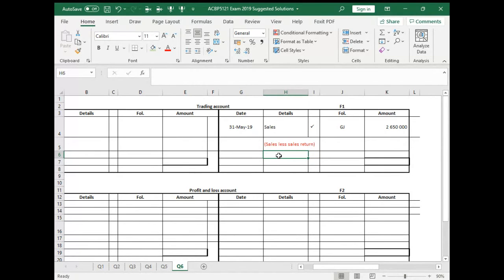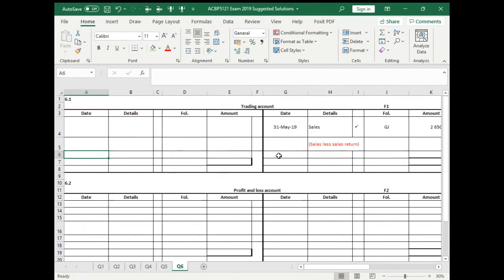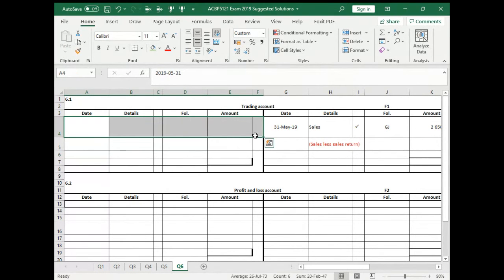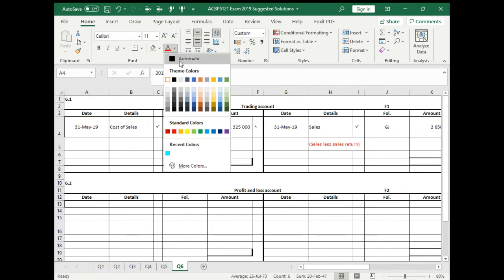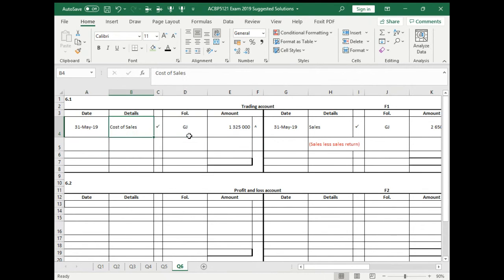But in this case, because we didn't have sales returns, it would be exactly the same as your sales amount. So we first capture the sales. Then the second entry is we capture the cost of sales that was provided to us. You will see the folio numbers for all of these on the general journal, because we are using temporary accounts. We will run this all through the general journal to account for these transactions.